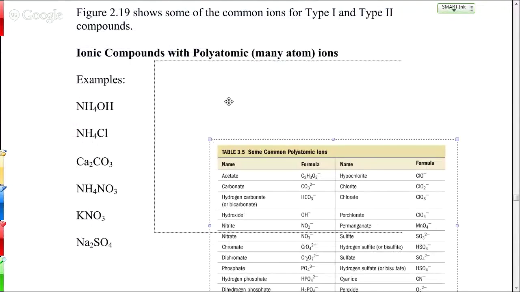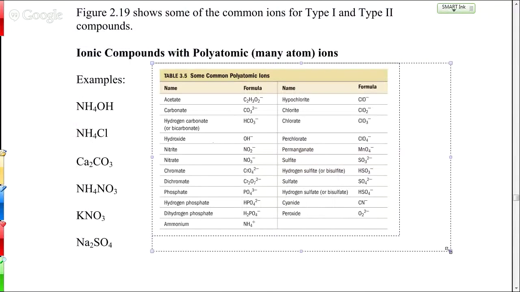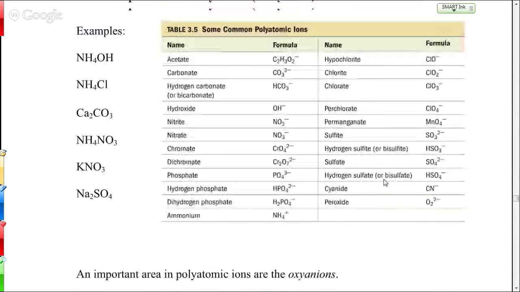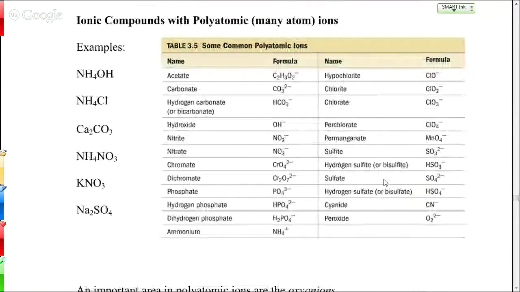Here's that table. Do you know some of these? Do they look familiar? I don't know if you can read that from where you are. So those you just need to know the name of, and you need to be able to recognize them in a compound so that you can name it accordingly.